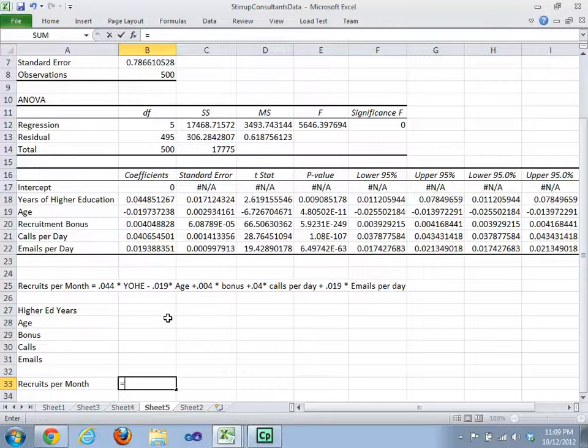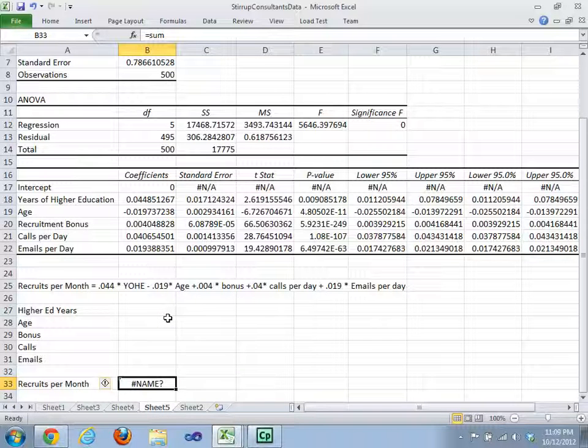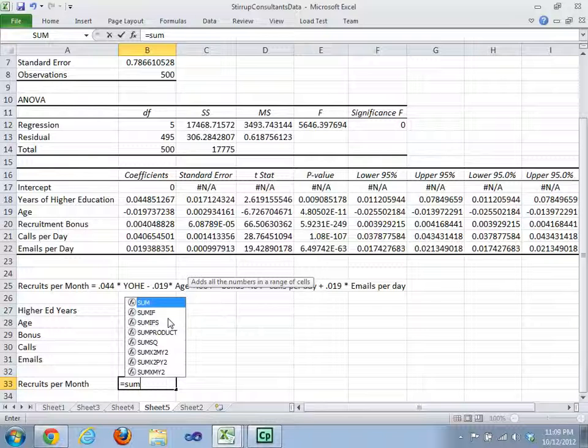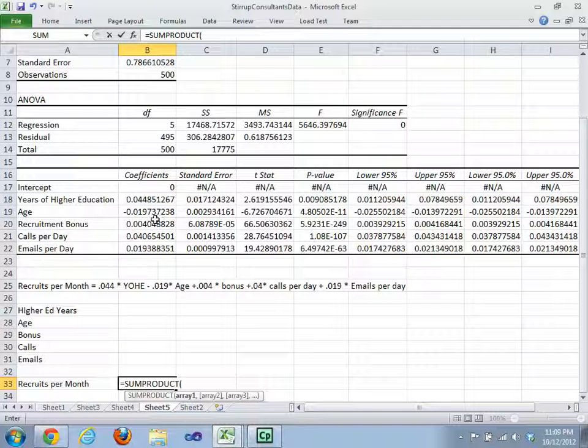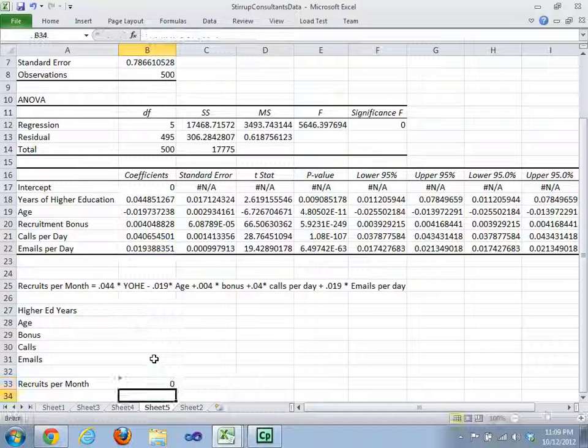So this is equal to, and I could multiply it out the long way, but I would rather take the shortcut, some product of this and this, which is basically the same as going down the line as saying higher ed years times this plus age times this plus bonus times this.